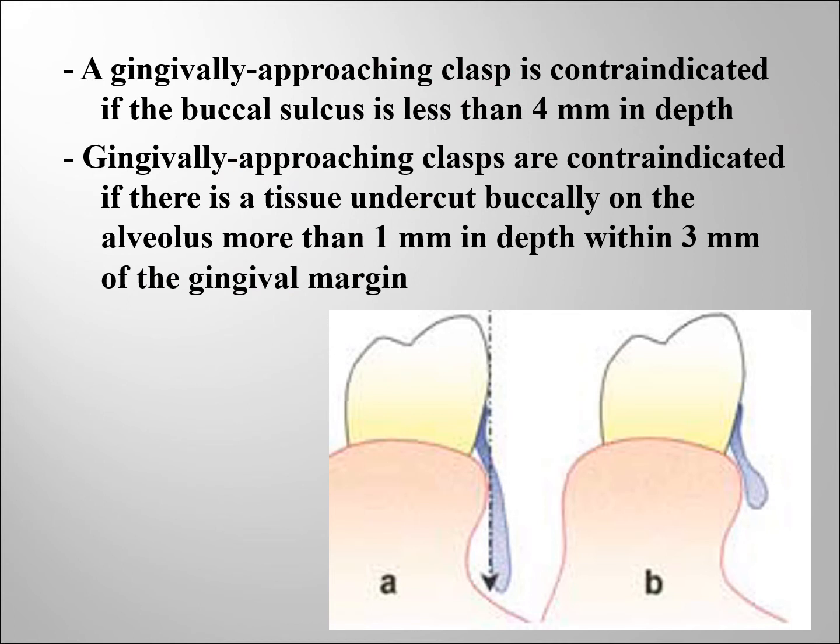Now, gingivally approaching clasps are contraindicated in some circumstances. They are contraindicated if the buccal sulcus is less than 4 millimeters in depth because the arm will be too short, and too short means less flexible.